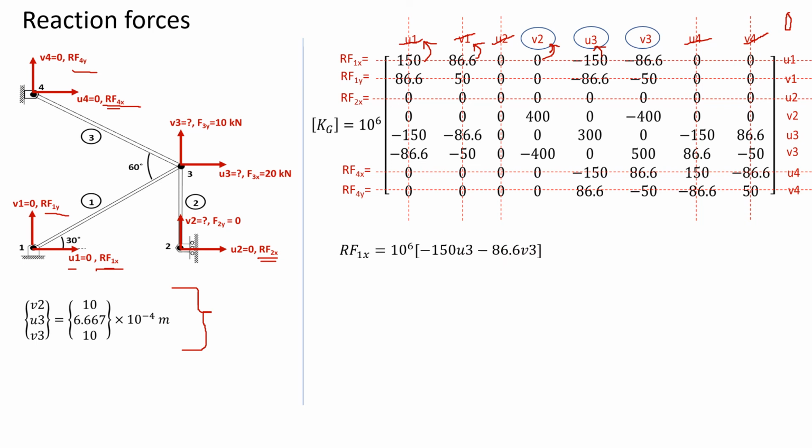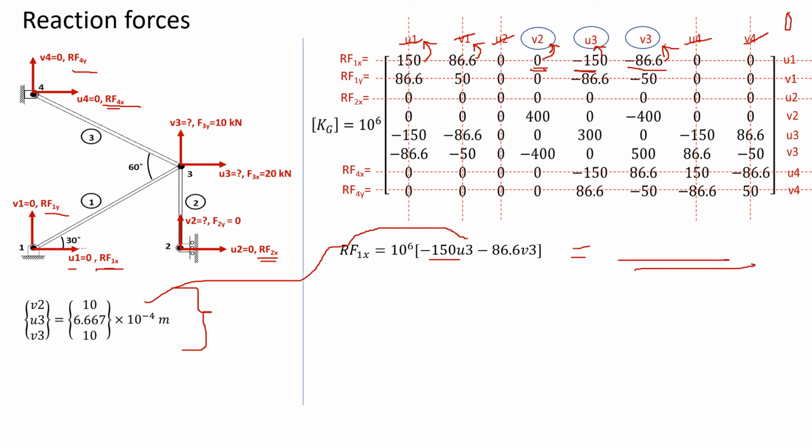For example, in RF1x, 0 times V2 is 0. Here we have 150 times U3 minus 86.6 times V3. By replacing these values into this equation, we can get the answer.